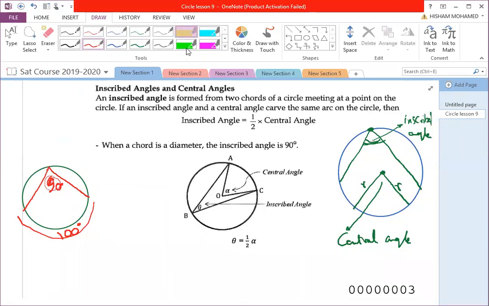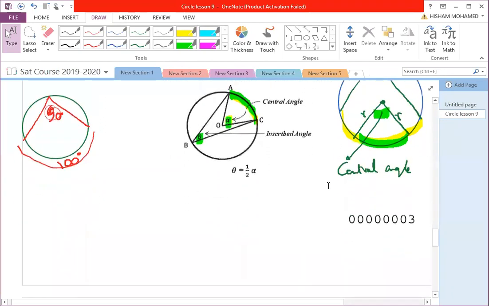And we all know that the measure of the central angle is equal to the arc. So the measure of the inscribed angle is half the central angle and half the arc. Again, central angle is equal to the measure of the arc, but inscribed angle is equal to half its intercepted arc.